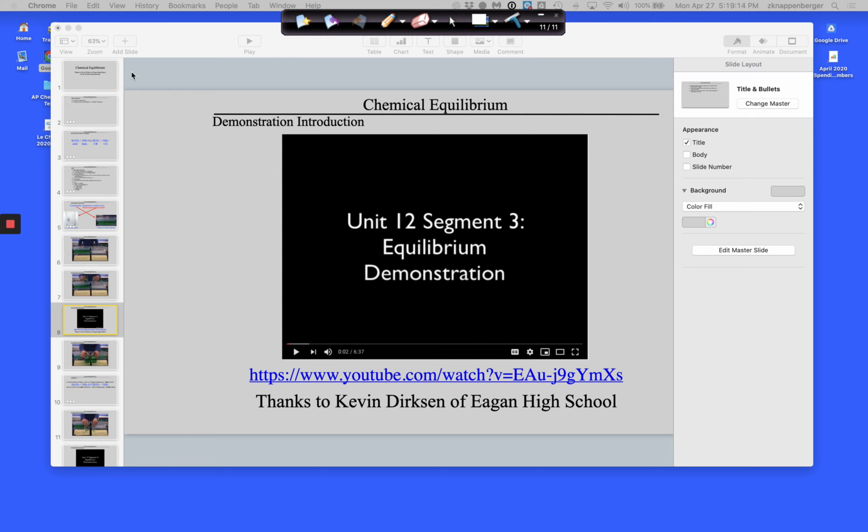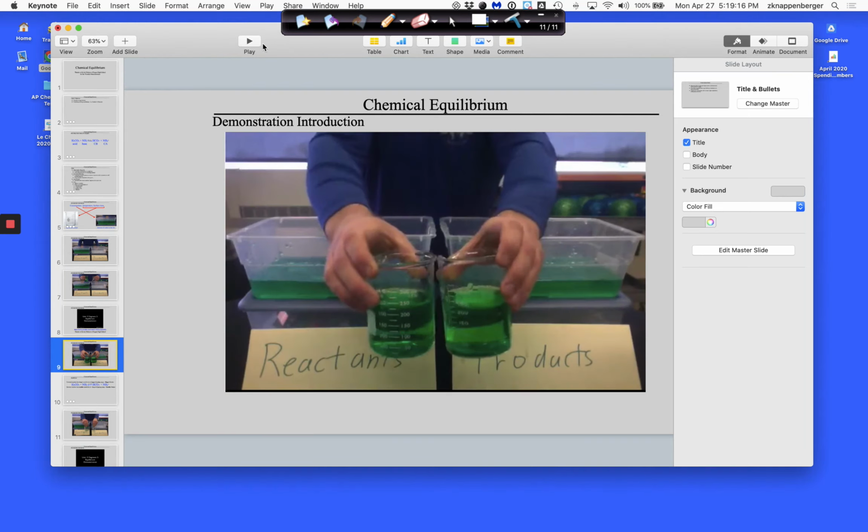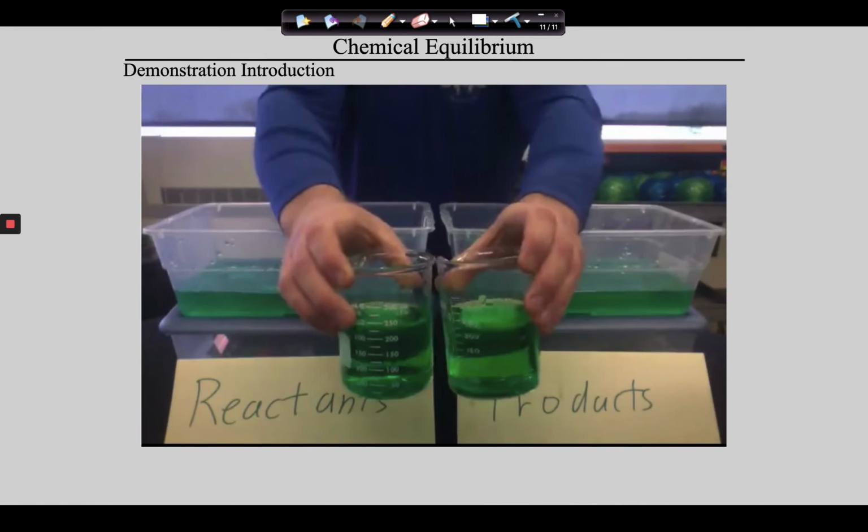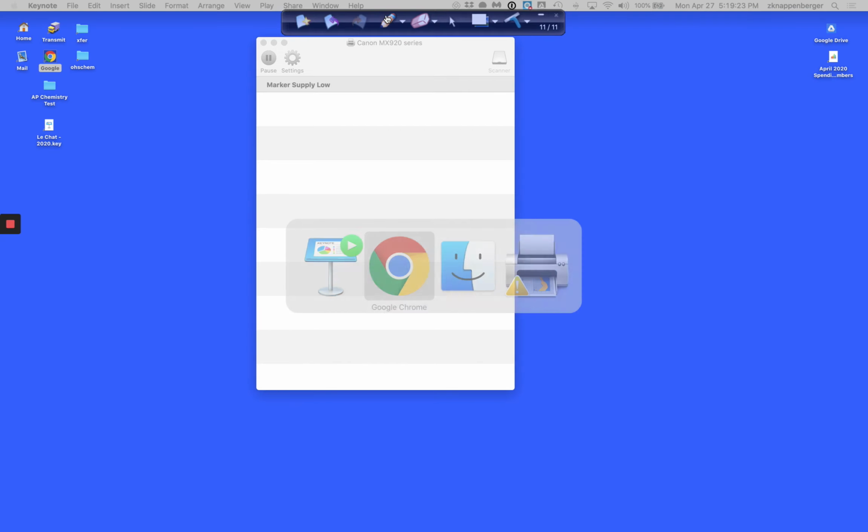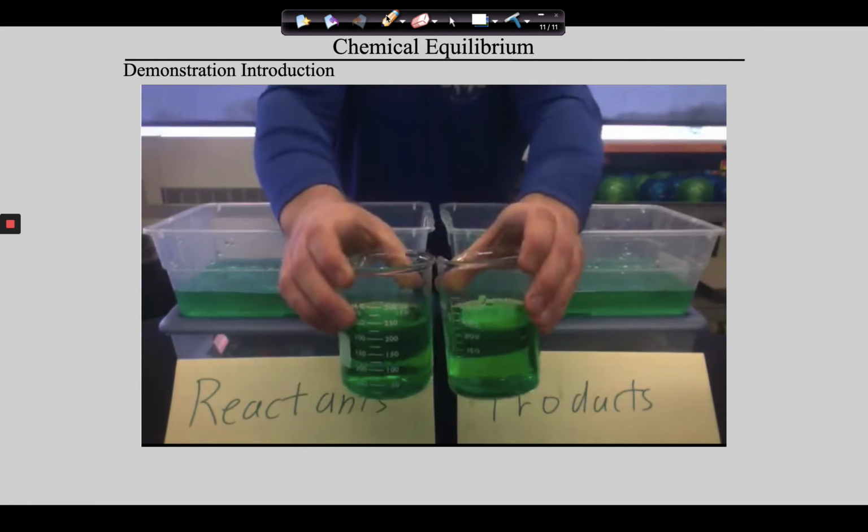Okay, so guys, hopefully as a result of watching that video, it reinforced the idea that equilibrium is this interesting condition where the forward and reverse reactions are happening at the same rate. So let's break this down and make sure we understand what's going on. We actually have two volumes represented in this diagram.